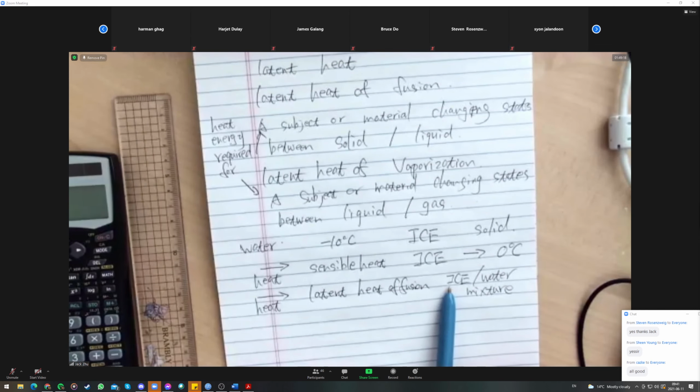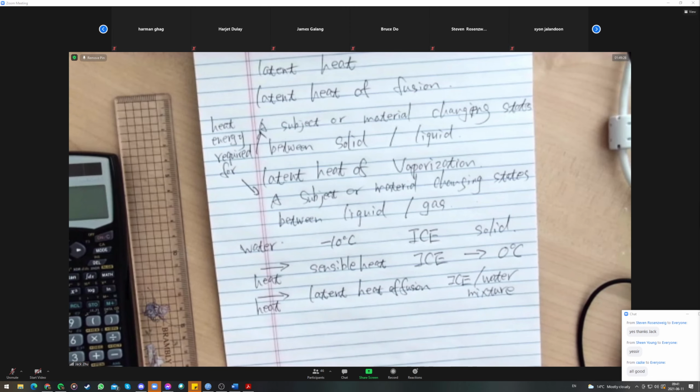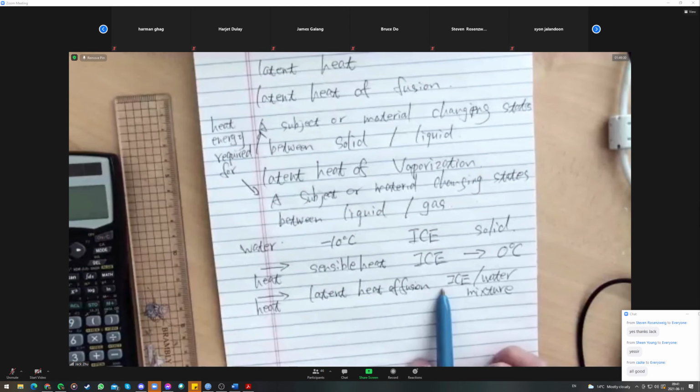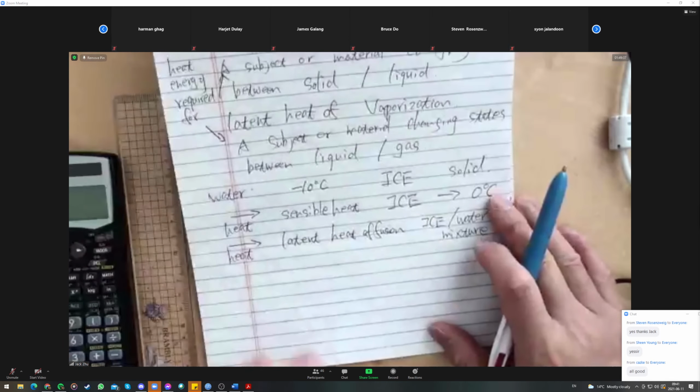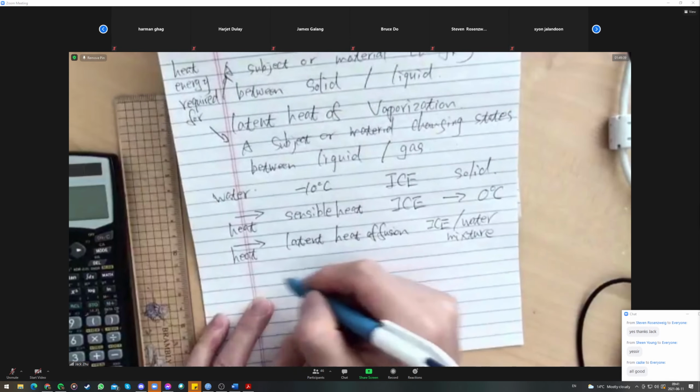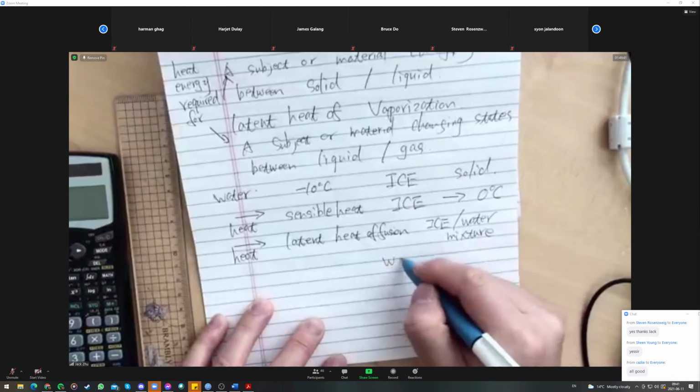Until all the ice has melted to become water, all that heat is considered latent heat of fusion. You need to absorb lots of latent heat of fusion to make ice become water. So now you have water at 0 degrees. That's the liquid.